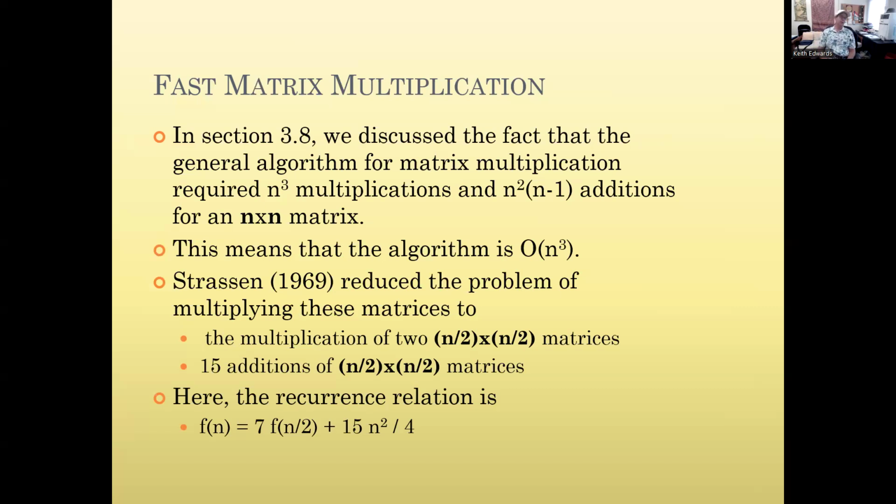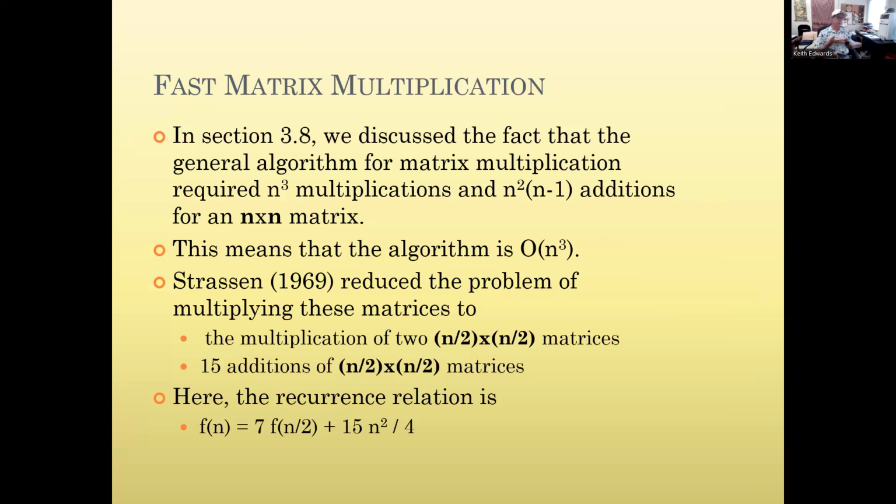Strassen in 1969 figured out how to reduce the problem to multiplying 7 n divided by 2 matrices and then doing 15 additional additions. And if you've done some work in numerical analysis, multiplications and divisions are long operations, at least in terms of the computer. And so the additions are faster than the multiplication. And again, that's something we see in 266.